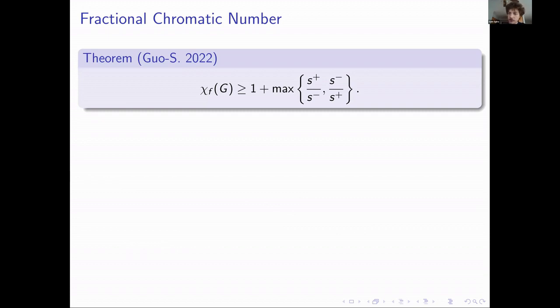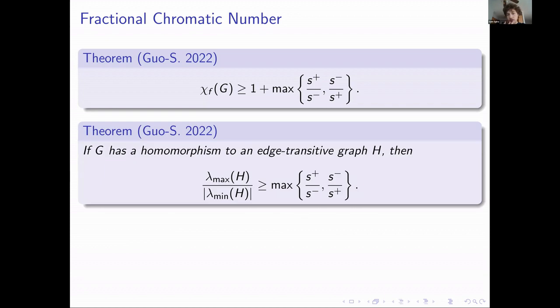And the way we'll actually prove this is by proving a slightly stronger result, which says that whenever you have a graph G which has a homomorphism to an edge-transitive graph H, then the ratio of the largest eigenvalue of H to the smallest eigenvalue of H is always at least these S plus, S minus ratios.